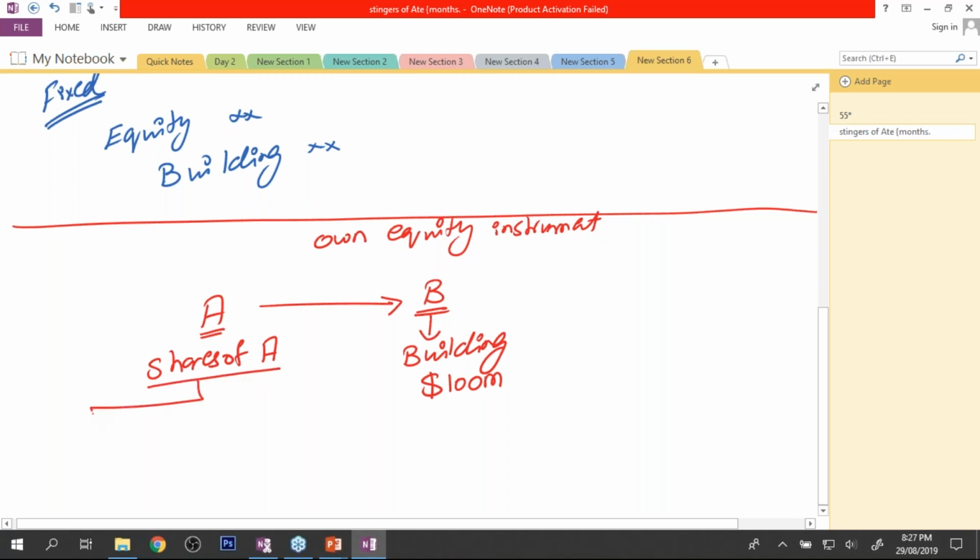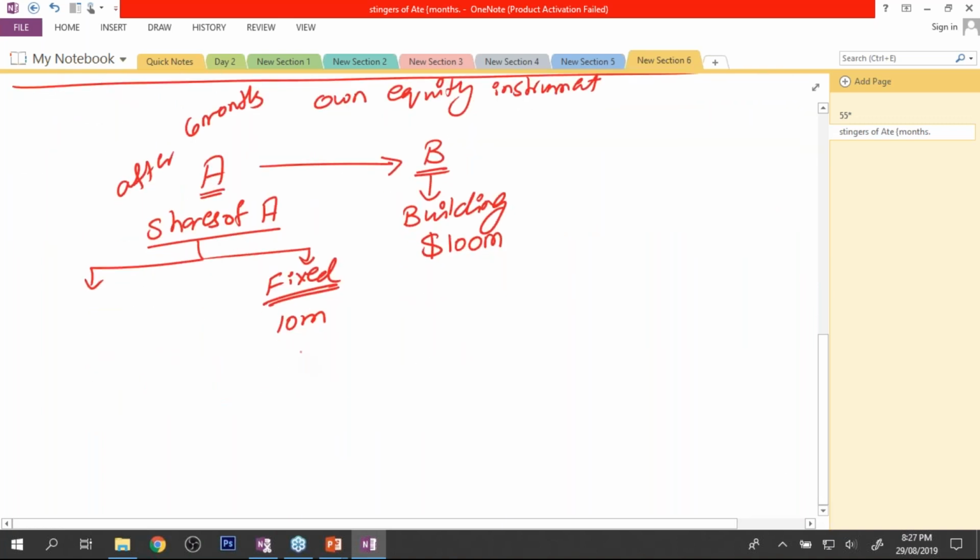A says that I'm going to give you fixed shares, let's say 10 million shares of mine after 6 months. This means that the number of shares is fixed. In this case, A should recognize an entry as the building debit and the equity credit, because whenever the number of shares is fixed, we are going to call it an equity.